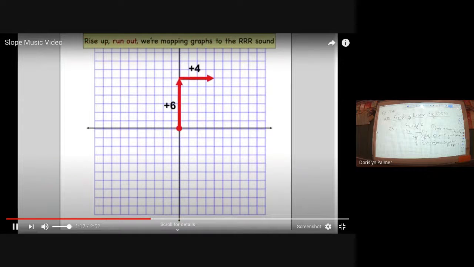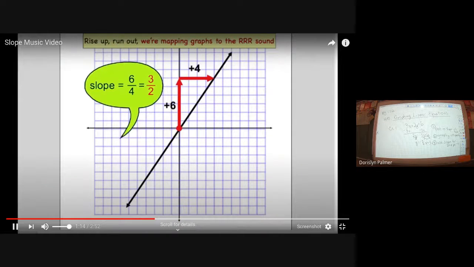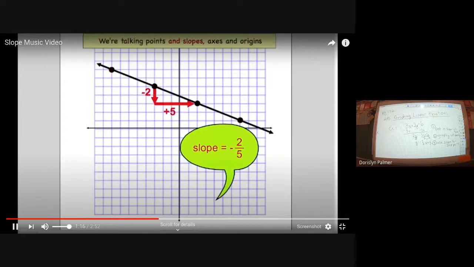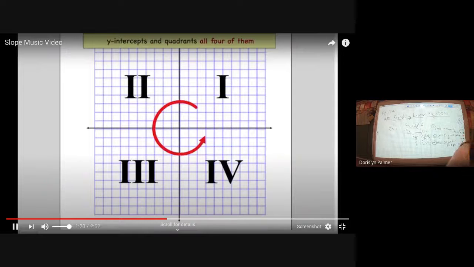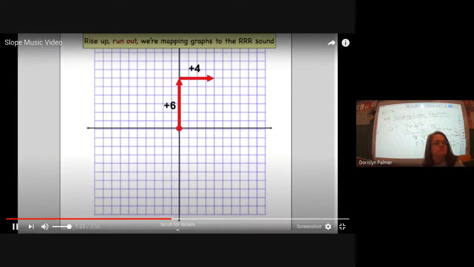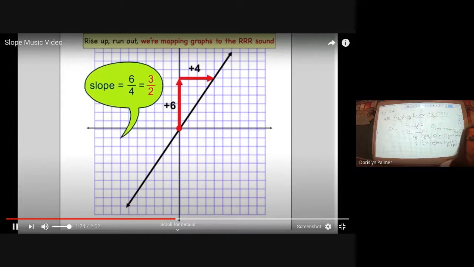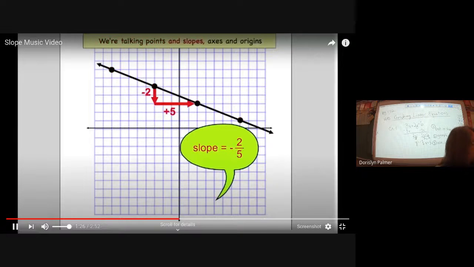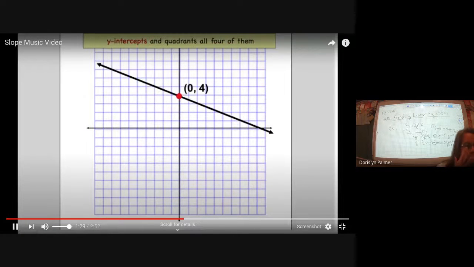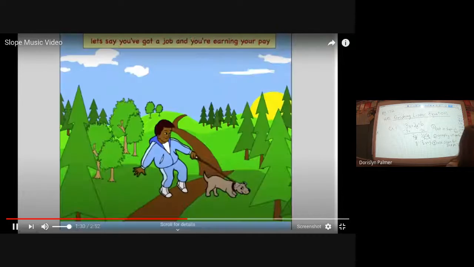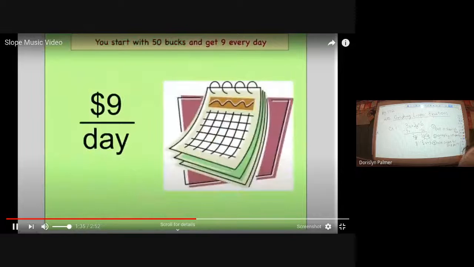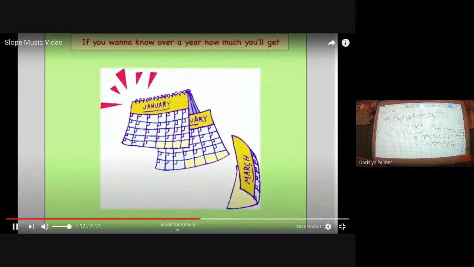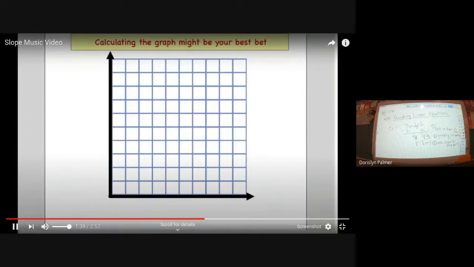Rise up or run out. We mapping graphs to the triple R sound. We talking points and slopes, axes and origins. Y-intercept and primes result for them. Rise up, run out. We mapping graphs to the triple R sound. We talking points and slopes, axes and origins. Y-intercept and primes result for them. Say you got a job and you're earning your pay. You start with $50, then get 9 every day. You wanna know over a year how much you get. Calculating that graph might be your best bet.